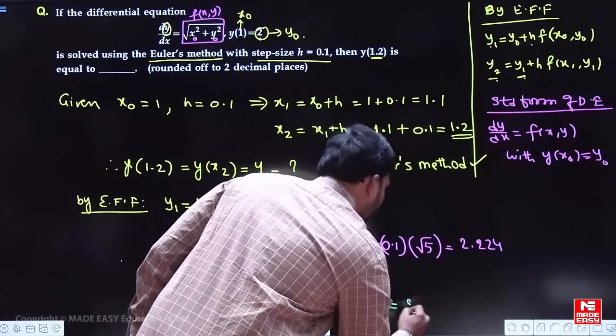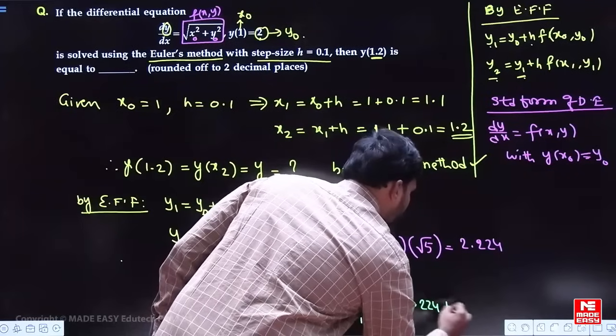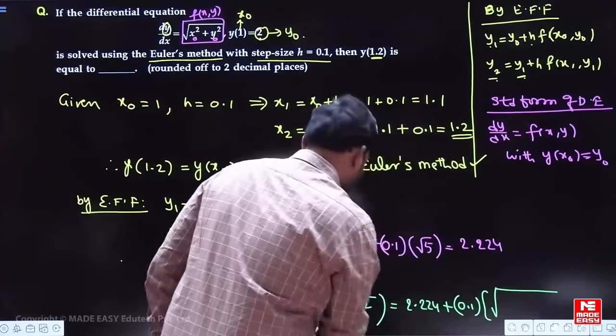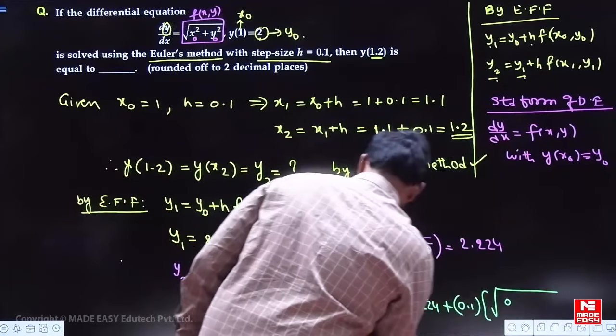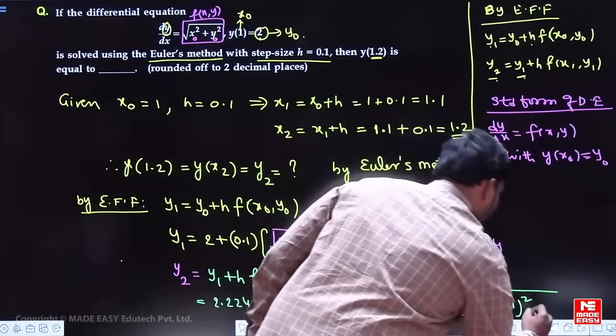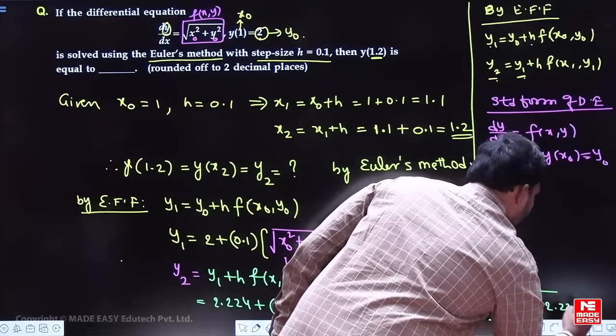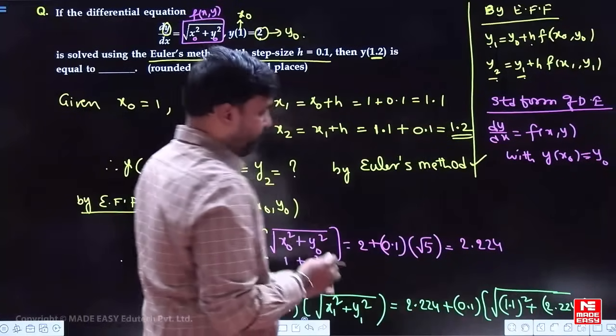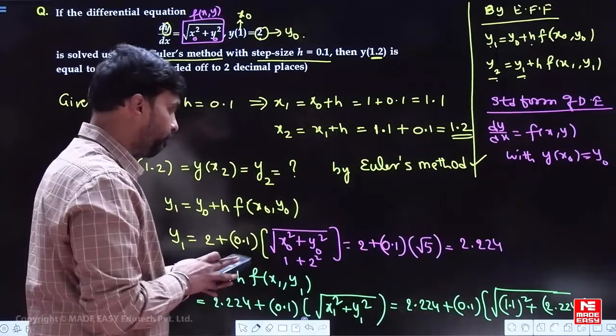So this will be 2.224 plus 0.1 into the square root of 1.1 whole square plus 2.224 whole square.